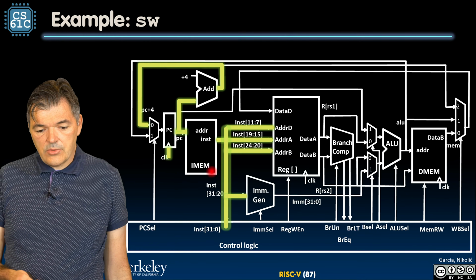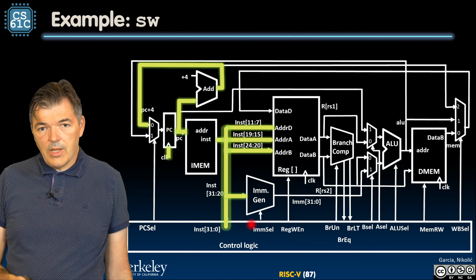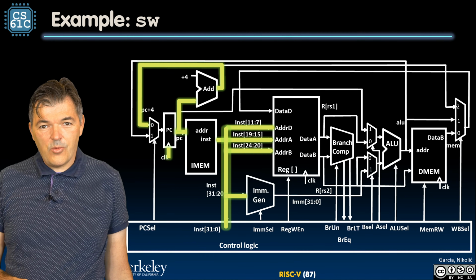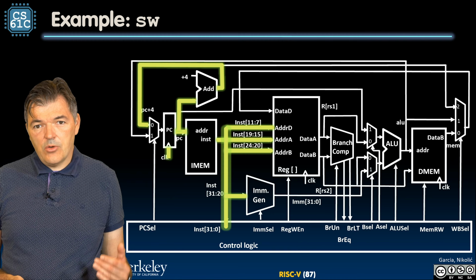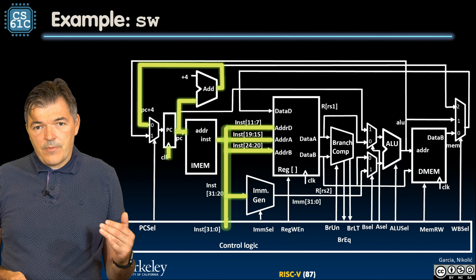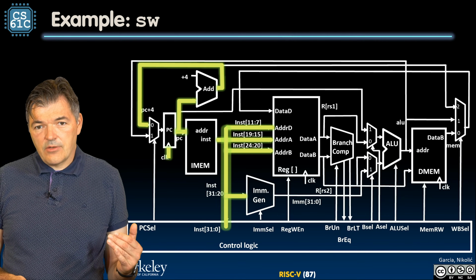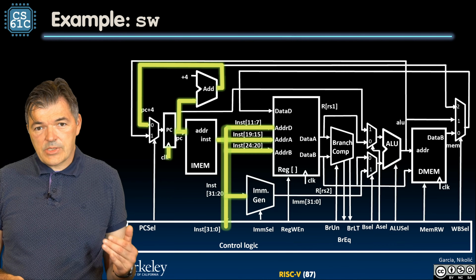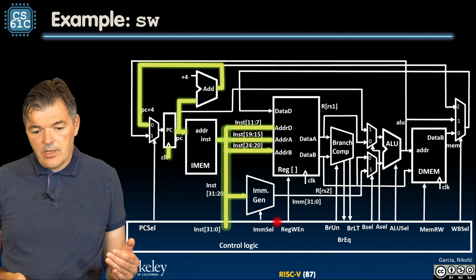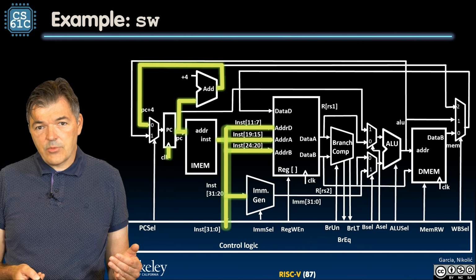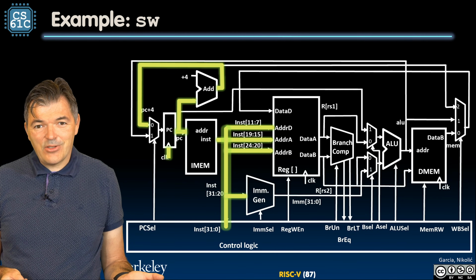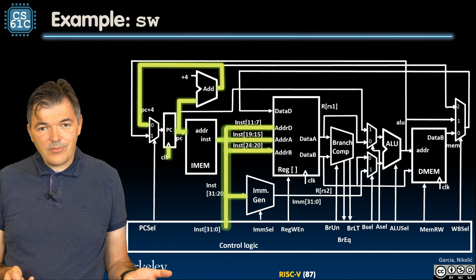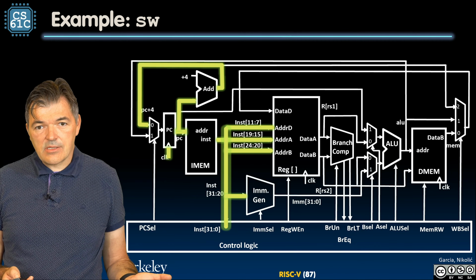As soon as we get an instruction, we can do multiple things concurrently with different data that we got from that instruction. We know that addresses of different registers in the register file are always in a fixed location. So we can go ahead and get data from those locations even if we don't need it. If this instruction is not operating on the registers, it doesn't cost us anything.